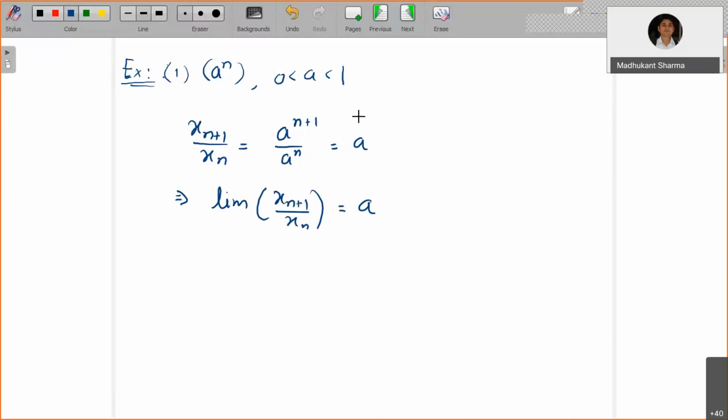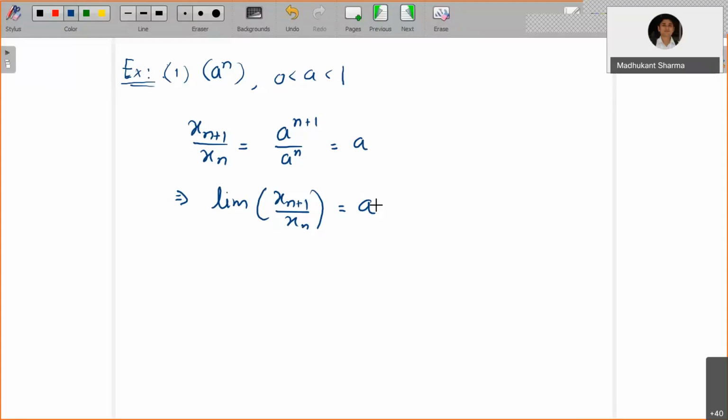Now you can decide about two cases. If a is greater than or equal to 1, you can't use the previous result. That result only helps whenever the limit on the right-hand side is less than 1. Then only is this result applicable. For L greater than or equal to 1, you can't judge.